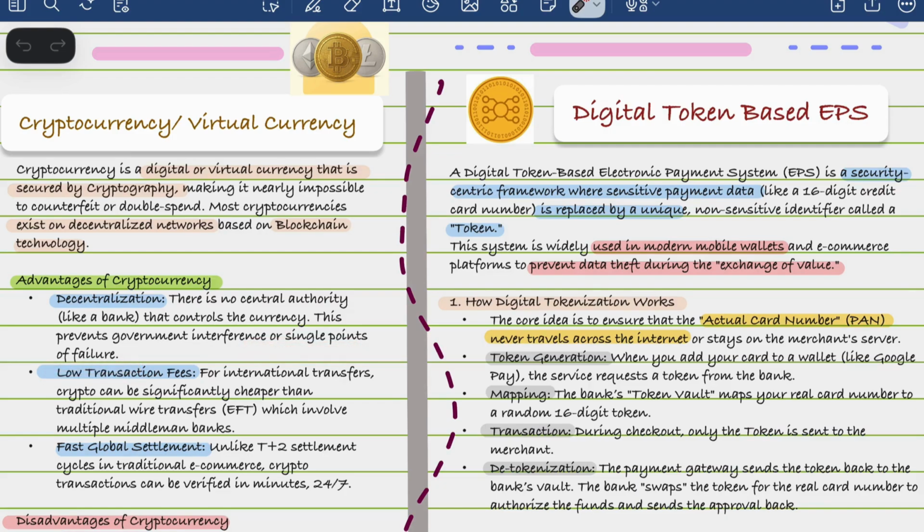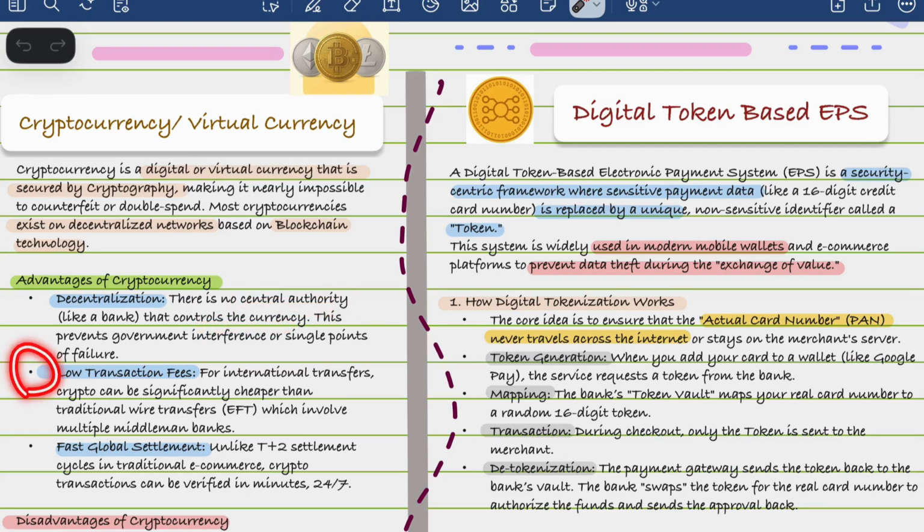If you see, when there is a bank and something happens to the bank, what happens? All the transactions are stopped, right? So this is what is happening in cryptocurrency, that it is decentralized. There is no central authority which controls the currency.